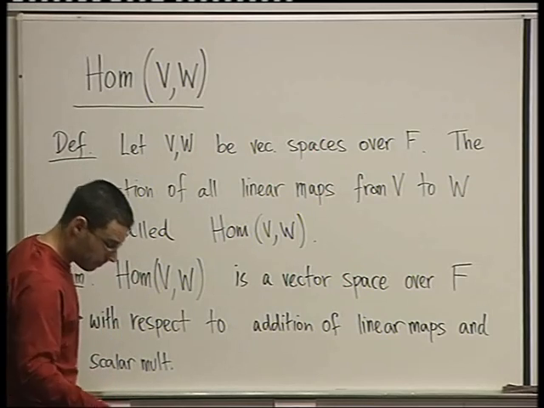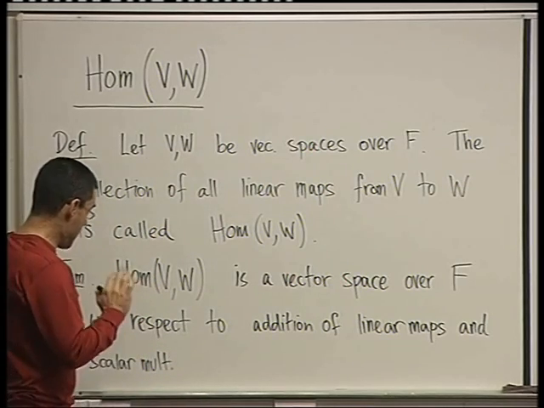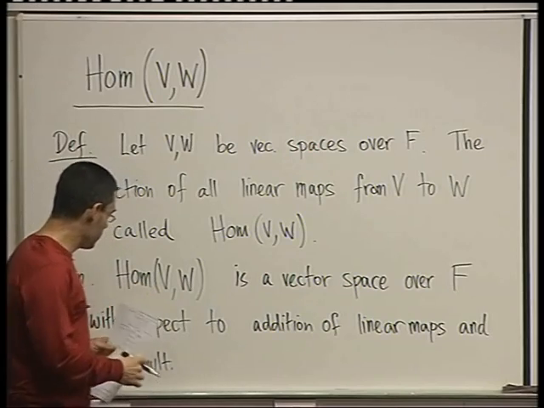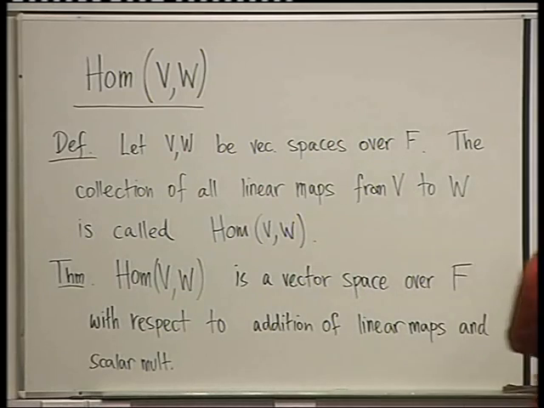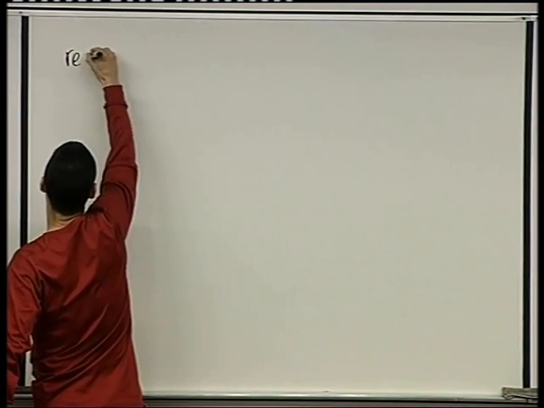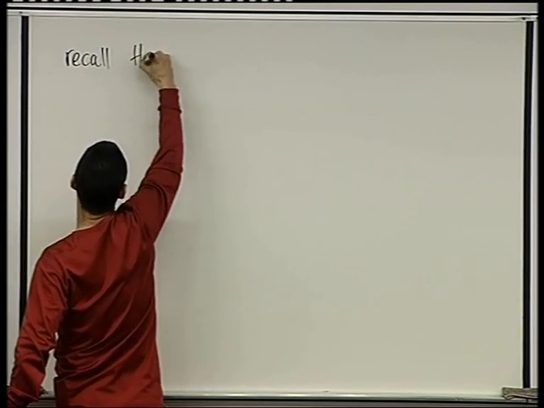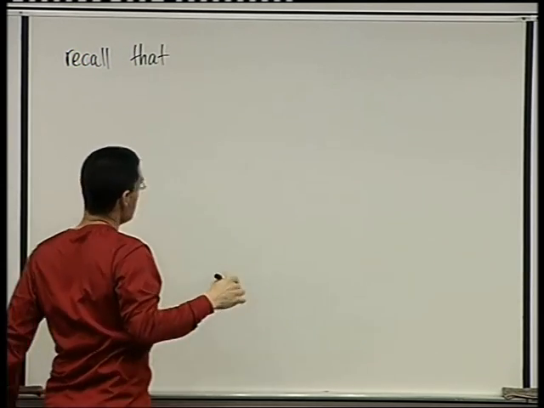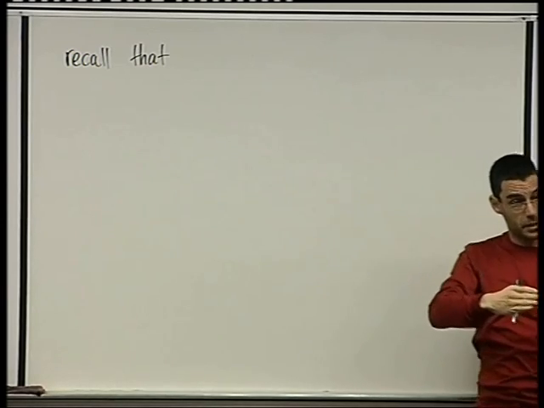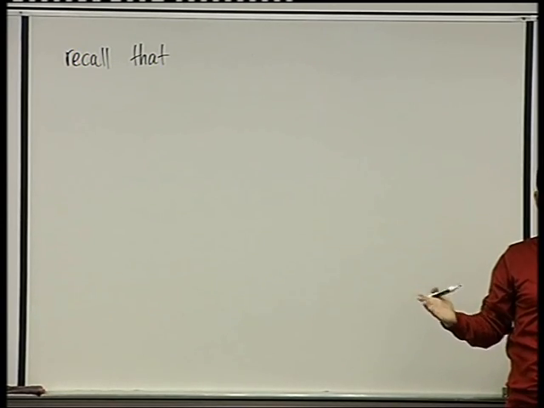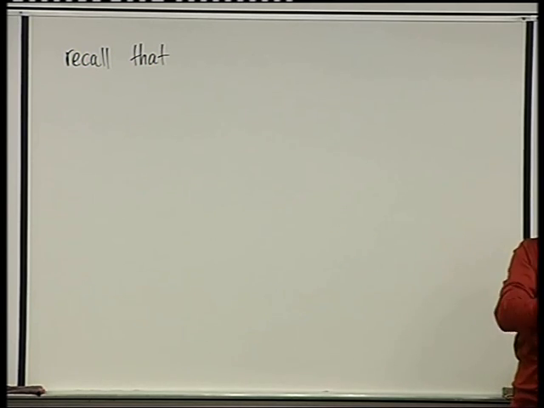Okay. So I want to remind you of a theorem that we had. So recall that there was a relation between linear maps and matrices. Okay, what was the relation? Given a linear map, choose a basis.